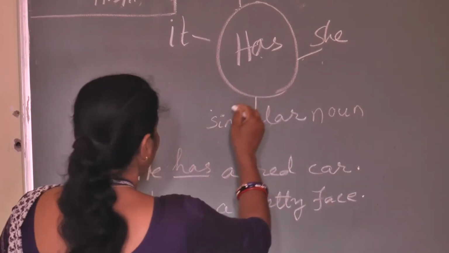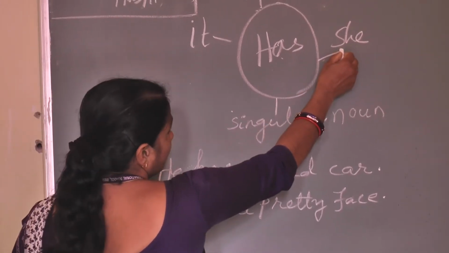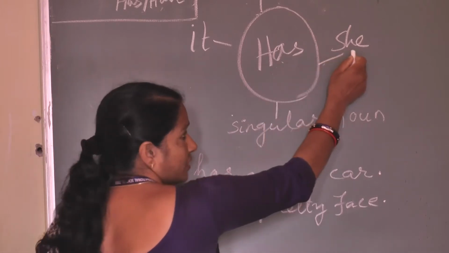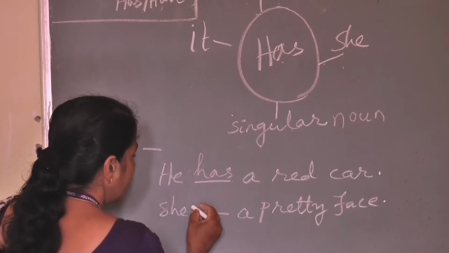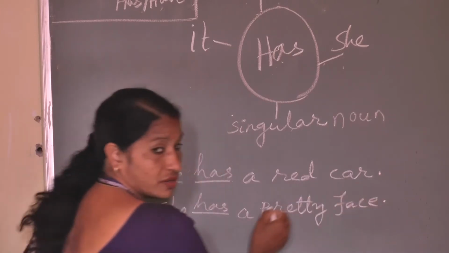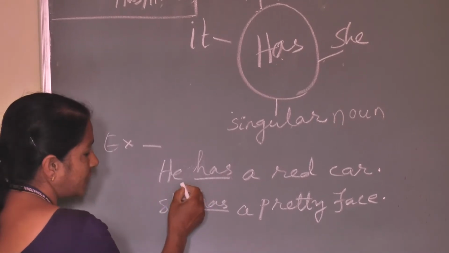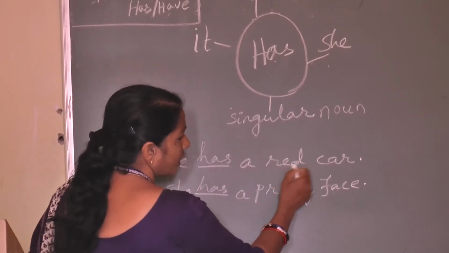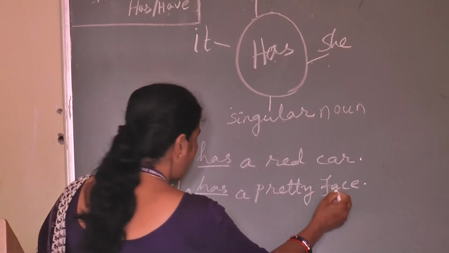Is there the word she here? Yes, she. Has is used for she. So you have to use has for she. She has a pretty face. Repeat after me, children. It is very important to repeat after me. He has a red car. She has a pretty face.